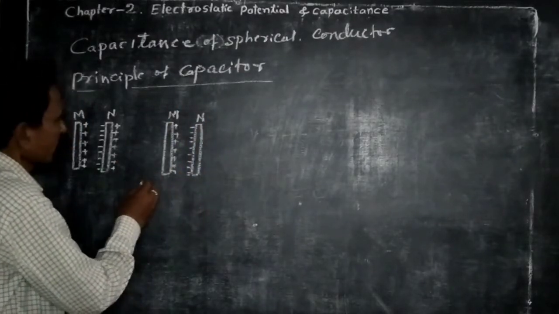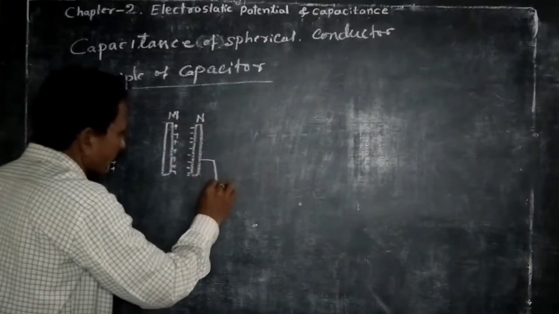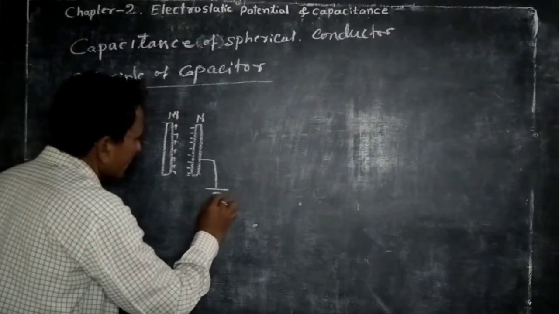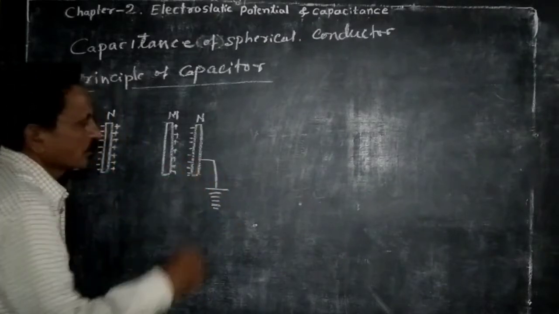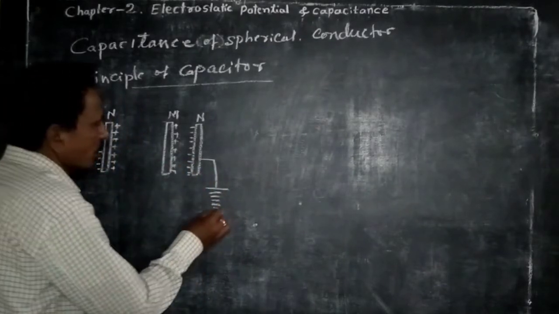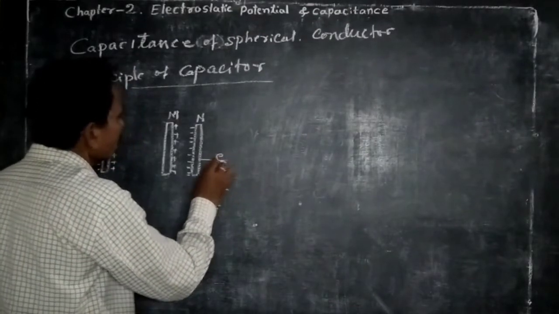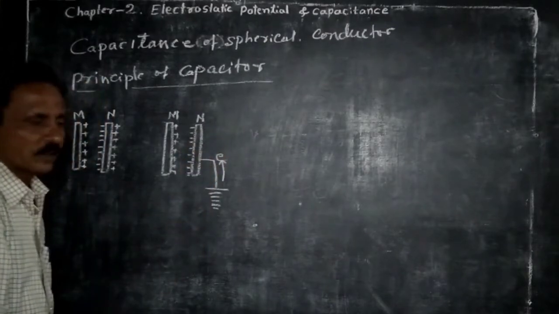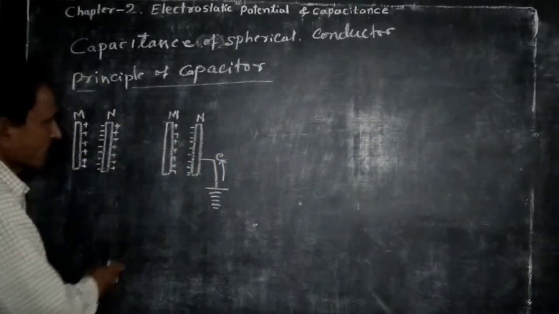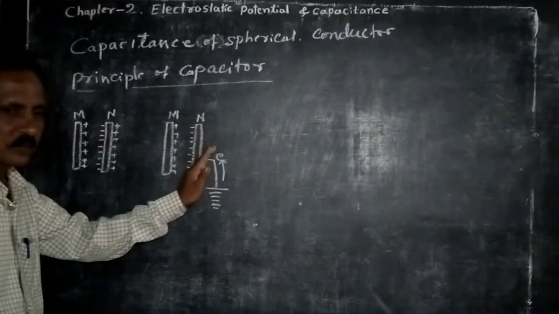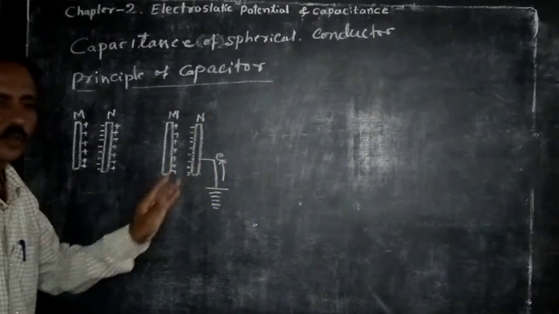And if the conductor N is earth connected, if it is earthed, now what happens? The electrons from earth move to conductor N, and these electrons neutralize the positive charges.